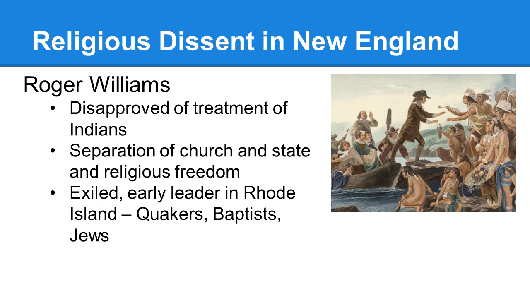People that were very often found there were Quakers. People didn't quite understand them. Baptists, of course, because of the idea of complete submersion in baptism, and a lot of them believing that you're not supposed to be baptized until you're an adult. That was considered heretic talk. So they ended up in Rhode Island, and a lot of Jewish people did as well.